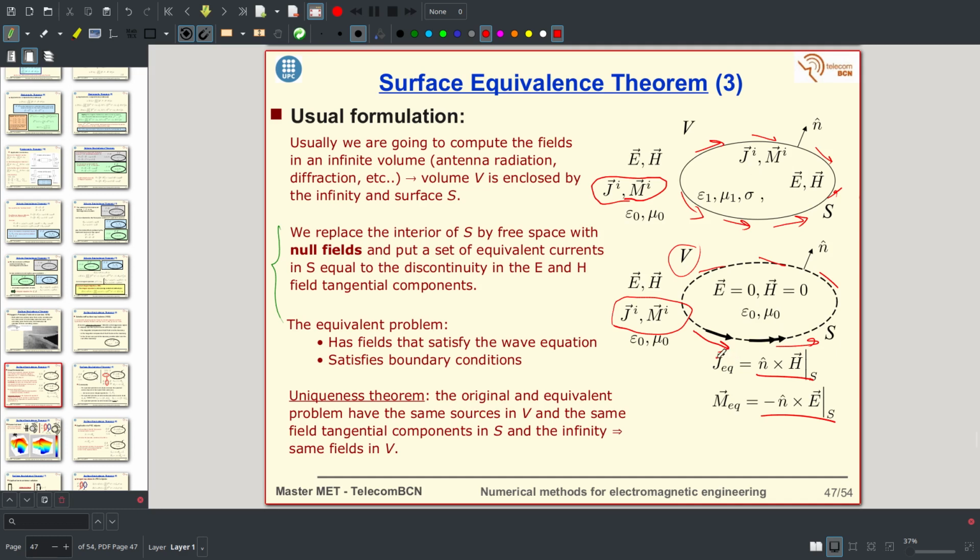And we have defined these equivalent currents that support the discontinuity and make it possible to have the step between the original fields outside and the zero fields inside. So, according to the uniqueness theorem, the fields in the outside are uniquely defined, and since they are unique, there must be the same fields in the original problem and in the equivalent problem.